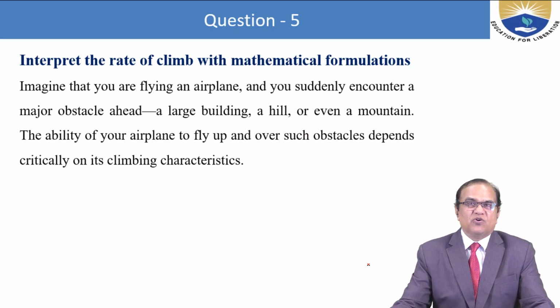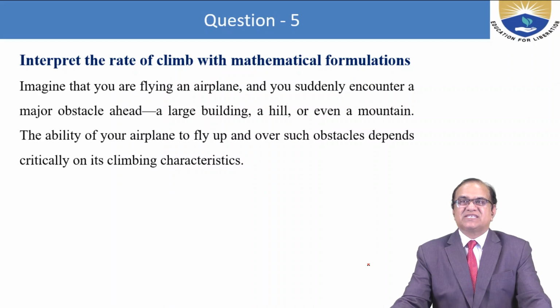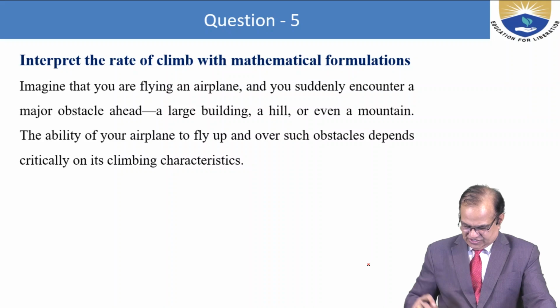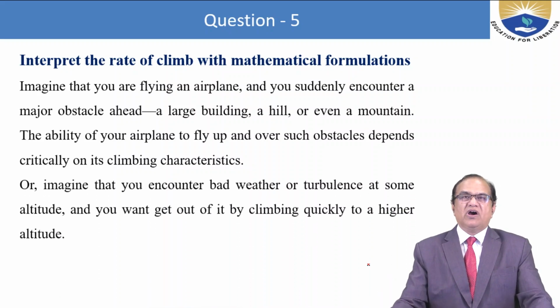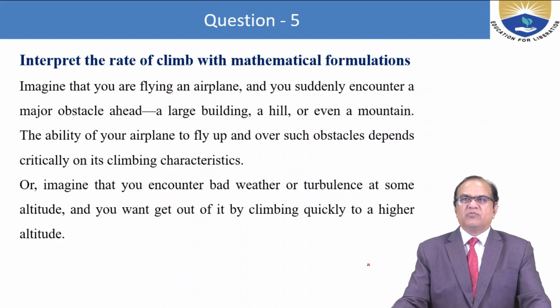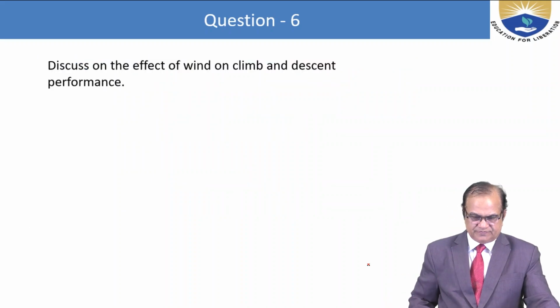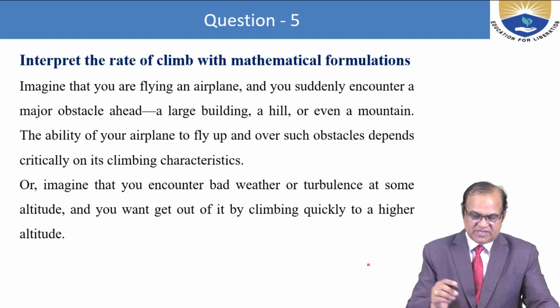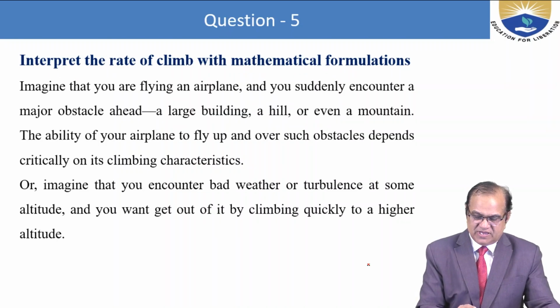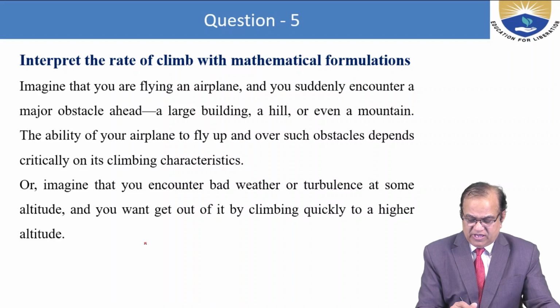The ability of your airplane to fly up and over such obstacles depends critically on its climbing characteristics. Or imagine that you encounter bad weather or turbulence at some altitude and you want to get out of it by climbing quickly to a higher altitude. At that time this climbing performance is very important.